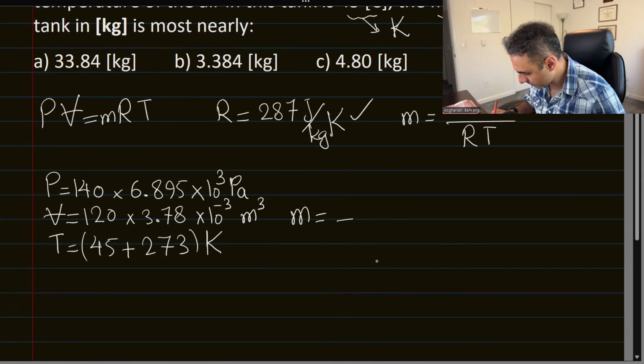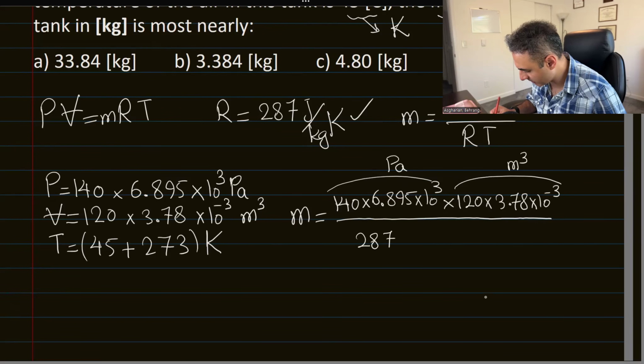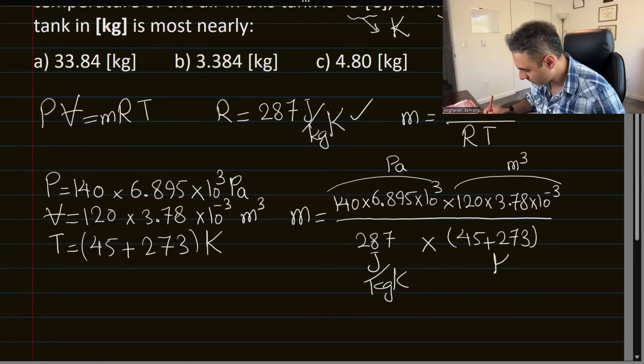Mass becomes 140 times 6,895 times 10 to the third, this is pascals, times 120 times 3.78 times 10 to the negative third, this is meters cubed, over 287 joules per kilogram Kelvin times 45 plus 273 Kelvin.